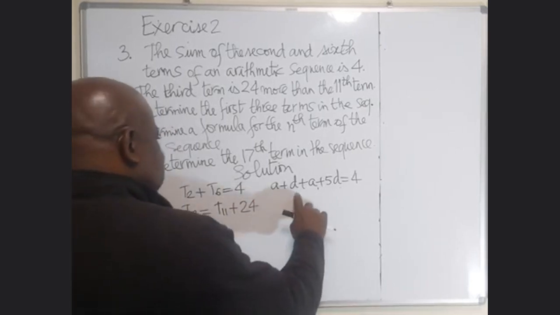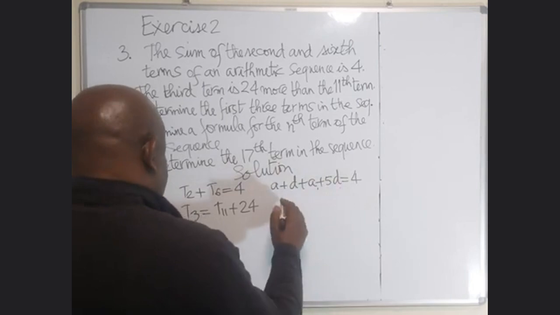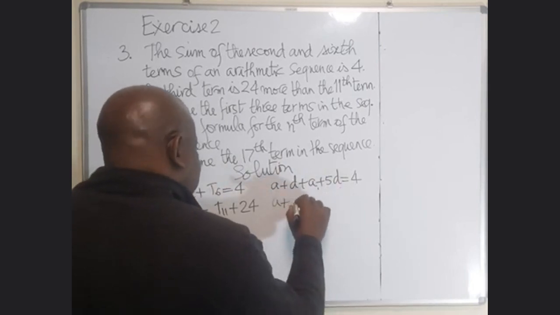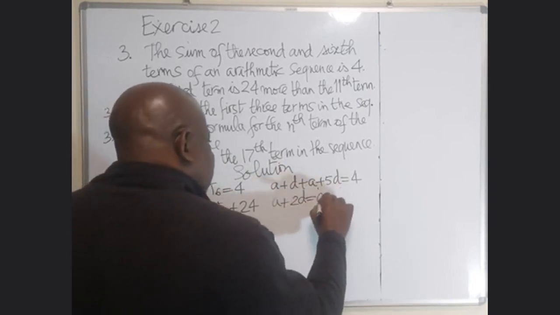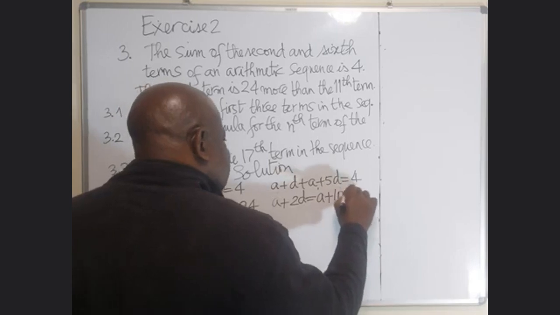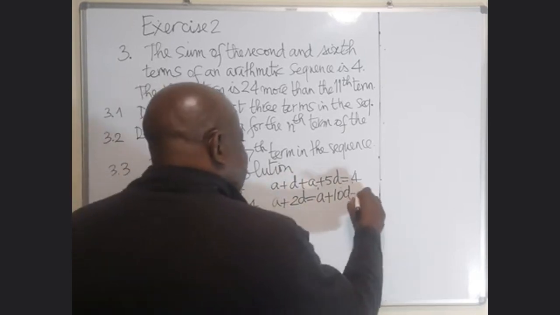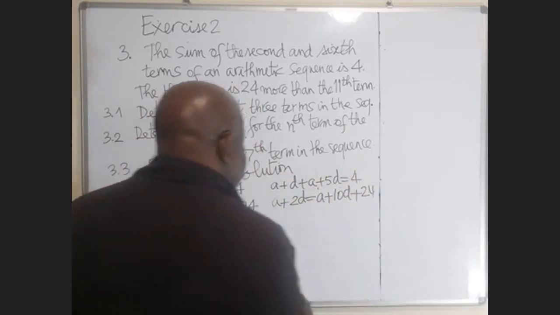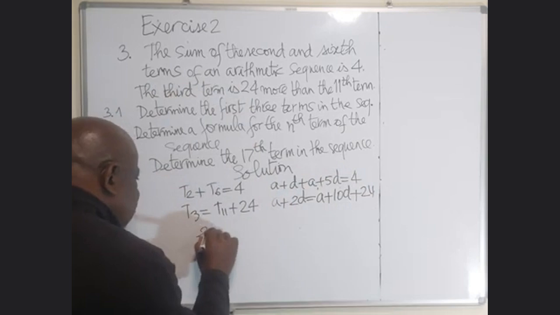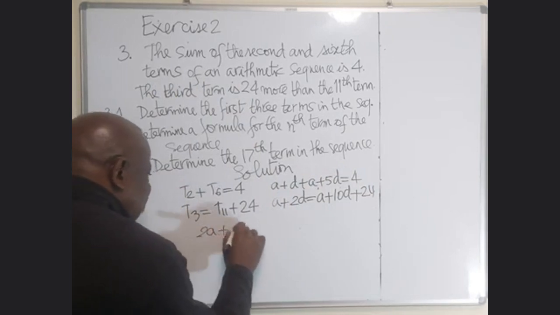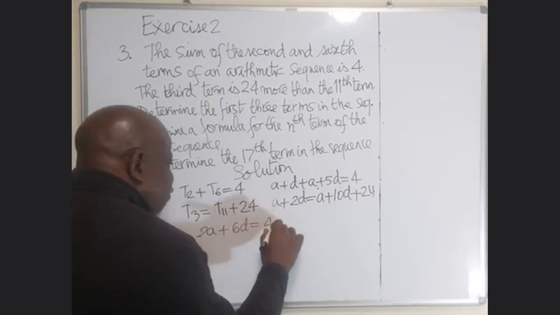A plus 5D is equal to 4. Here we'll have A plus 2D is going to be equal to A plus 10D, because T11 is A plus 10D, plus 24. So we're having 2A plus 6D is equal to 4.